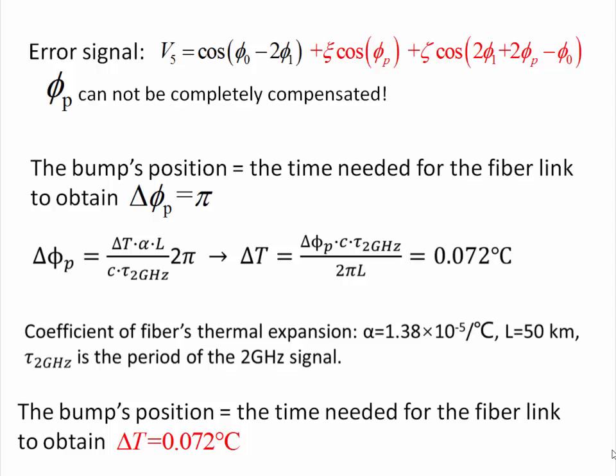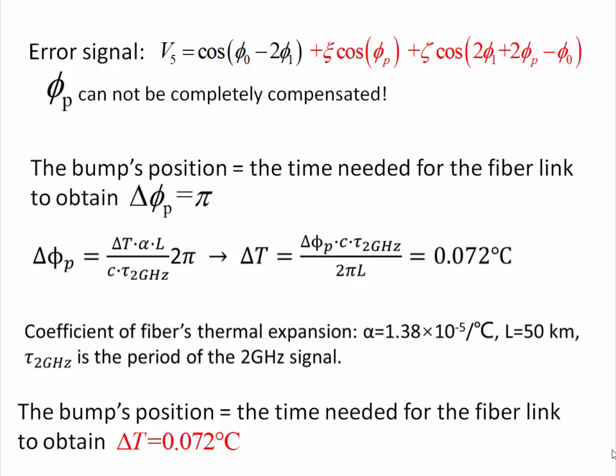Then we come to the equations again. The bump position, we can see, is equal to the time needed for the fiber link to change its phase fluctuation from one period to another. As phi p can be expressed like this, we can get the time step which can make the system phase fluctuation change from one period to another.